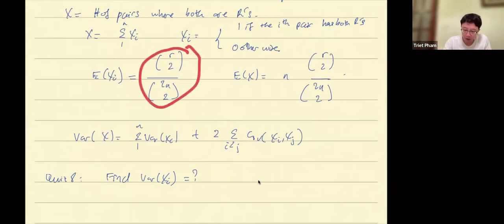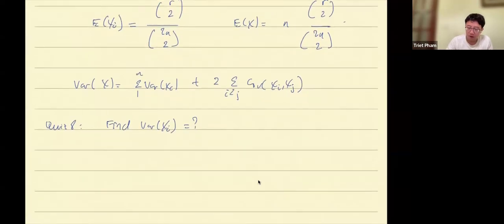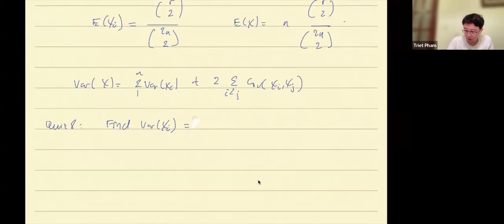Therefore, the variance is p times 1 minus p, where p is r choose 2 over 2n choose 2, okay?